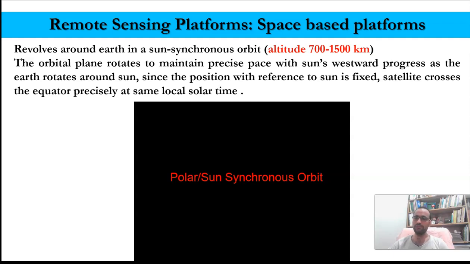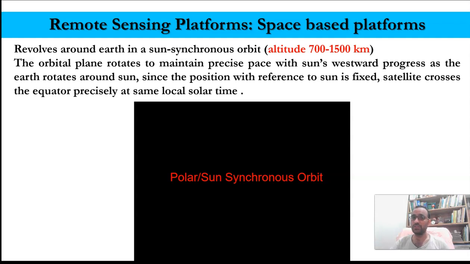Mostly we use a height for this kind of satellite, like the sun synchronous satellite, from 700 to 1500 kilometers. This is not that far to collect data from the Earth's surface. The orbital plane rotates to maintain precise pace with the sun's westward progress as the Earth rotates around the sun. That's why we call it sun synchronous.